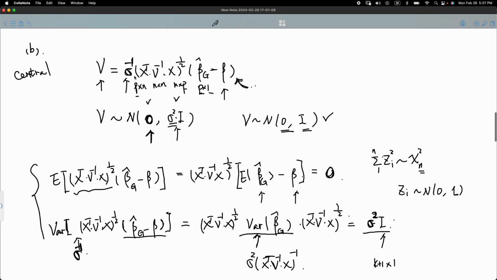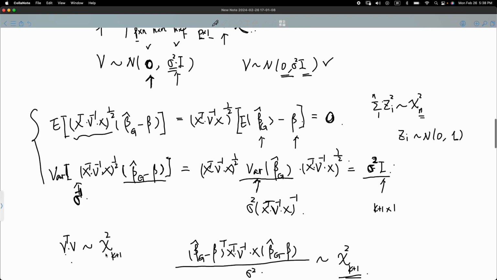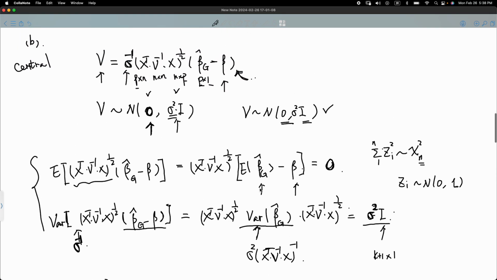So don't forget, based on your preference, you want to multiply the sigma inverse in the front, and then you will have the sigma inverse when you evaluate the variance. But what we want is that we don't want the sigma square here when we construct the chi-square. So that will be the only detail here.